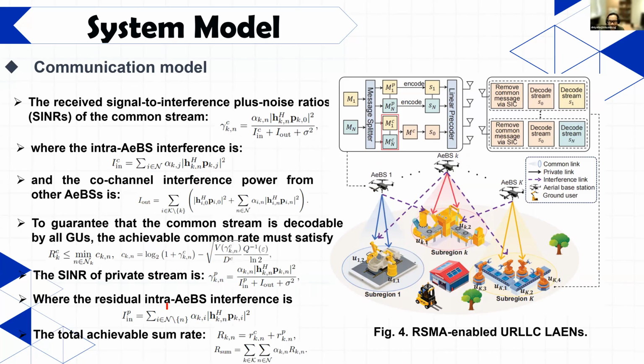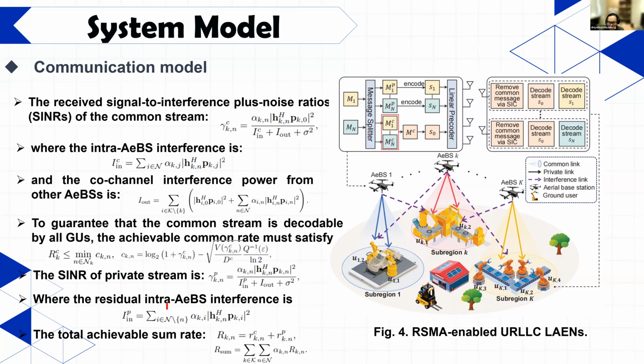So for the communication model, we can derive the signal to interference plus noise ratio, or SINR, for the common stream, and then the interference among the aerial base stations can be derived, and the co-channel interference power from the other aerial base stations can be derived here. So we want to guarantee that the common stream is decodable to all the ground users.